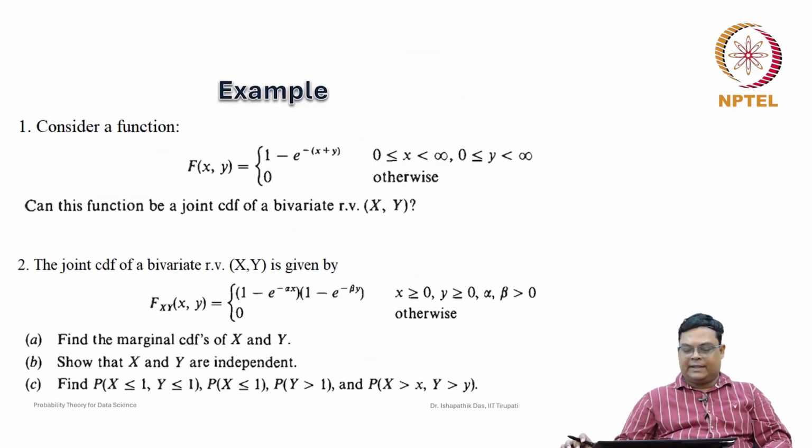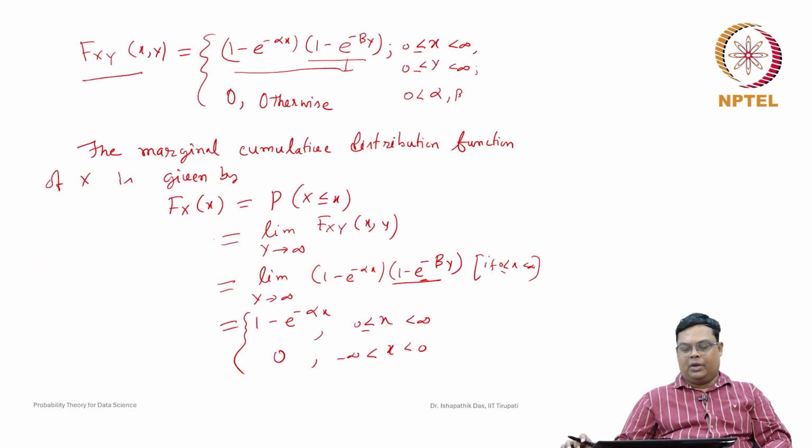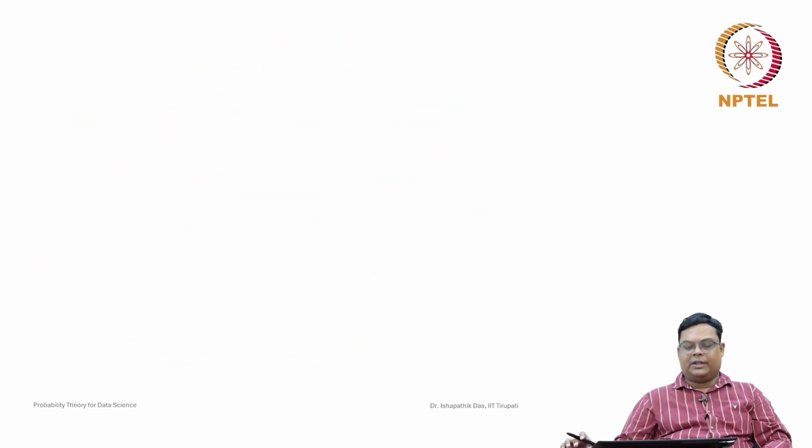Now, we want to show that X and Y are independent random variables. So, what is the definition that two random variables are independent?